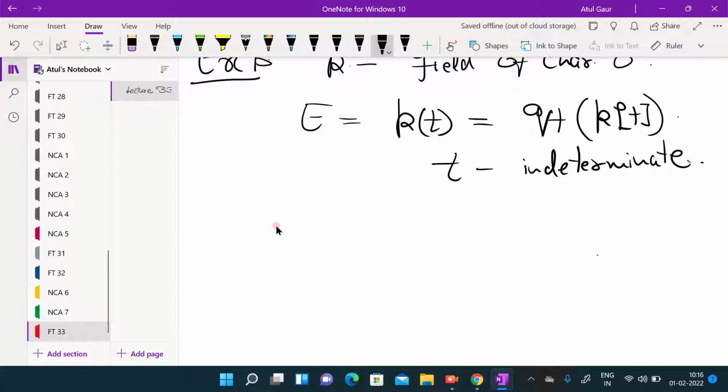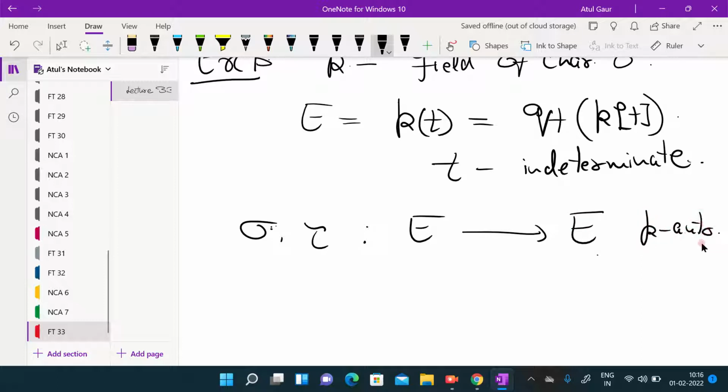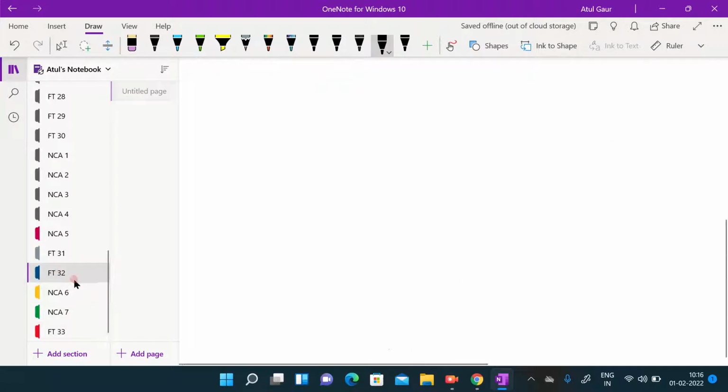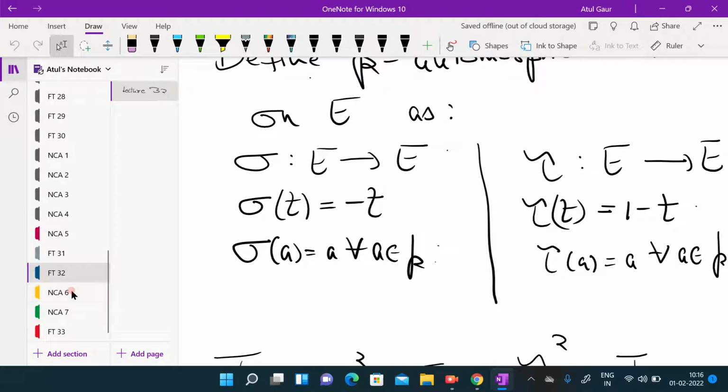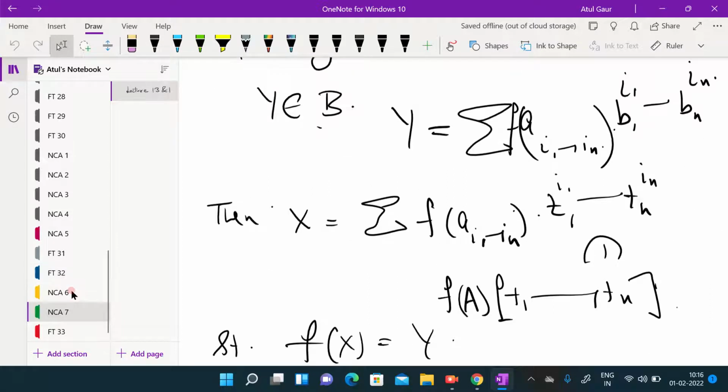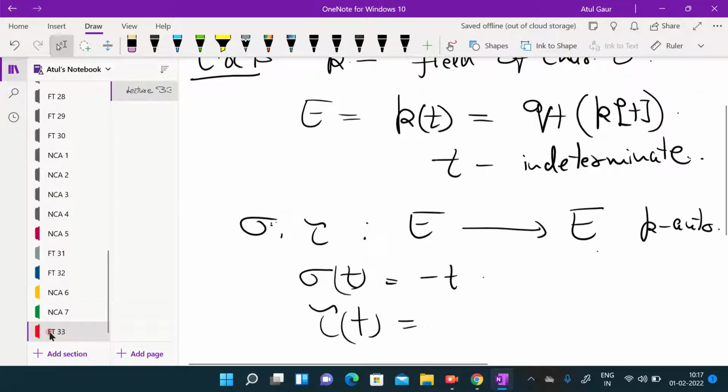Then we considered, if you recall, sigma and tau from E to E, K-automorphisms, where sigma sends t to minus t, and tau sends t to 1 minus t.